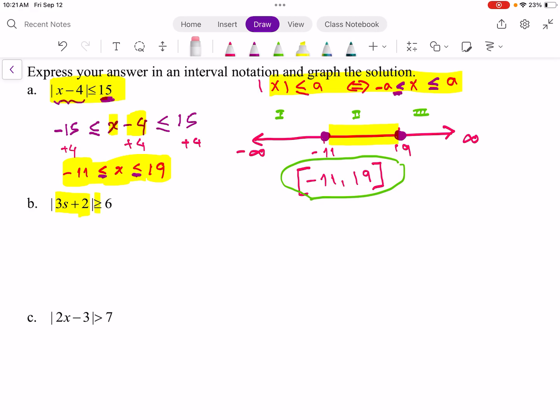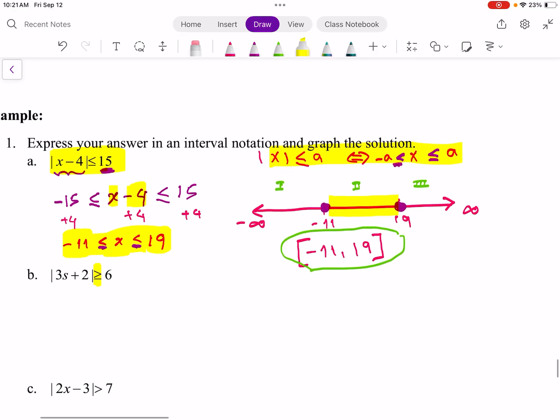Now we all know this is an absolute value inequality. Once you know that, you have to check what type of inequality sign we have. We have greater than or equal to, and if it's greater than, we have a different definition. In part A we had less than, so we used that definition.